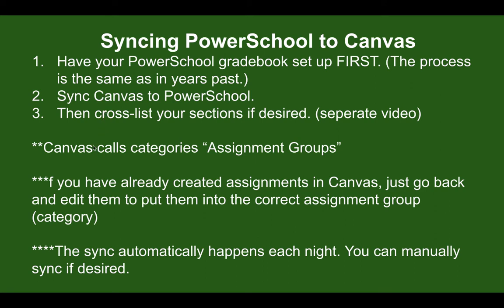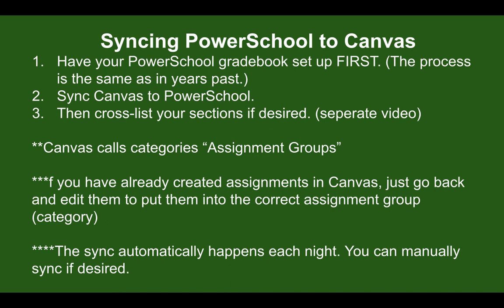A couple of reminders. Number one, like I said, Canvas calls categories assignment groups. If you have already created assignments in Canvas before syncing your PowerSchool gradebook to it, that's okay. Just either drag them where they're supposed to go or edit them. The last thing to think about is that the sync, meaning Canvas will push the assignments to PowerSchool every night.